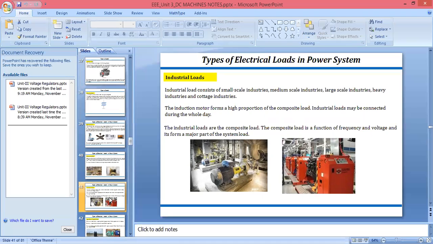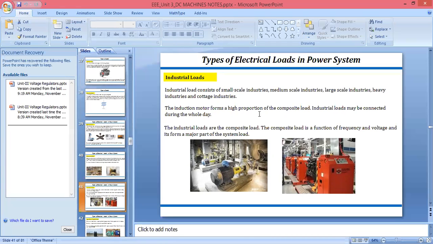They are used continuously, for more hours as compared to the domestic and the commercial load.